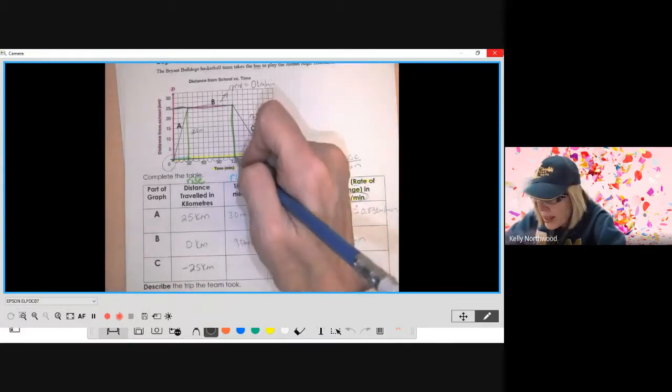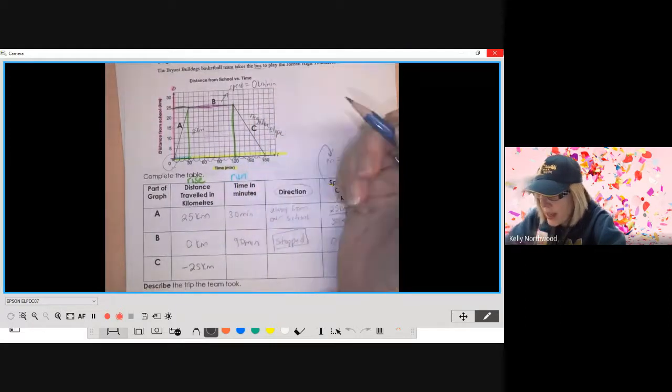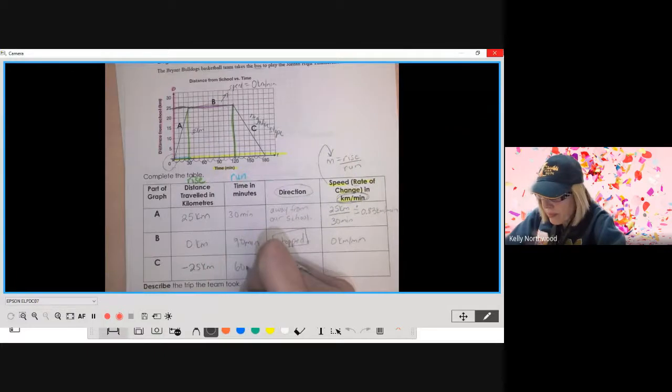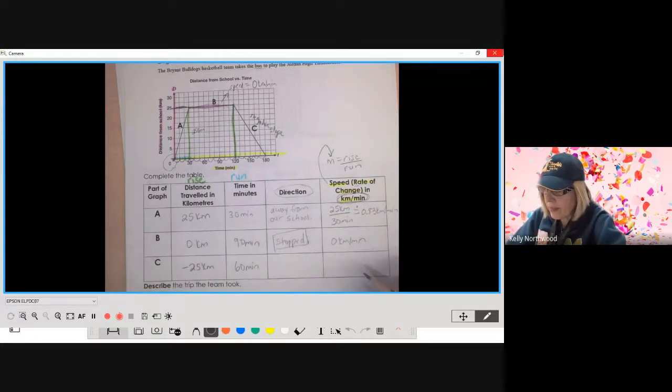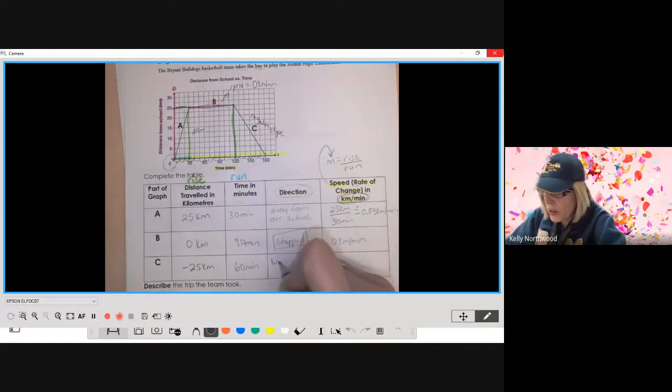And our run is 10, 20, 30, 40, 50, 60 minutes. And our direction, this time we're going back towards our school.